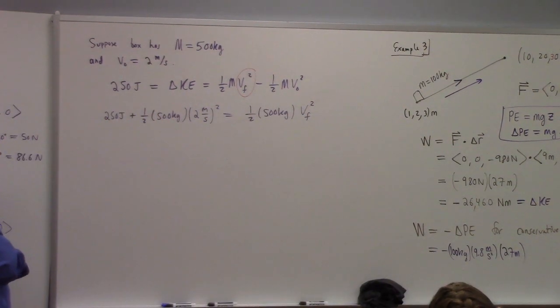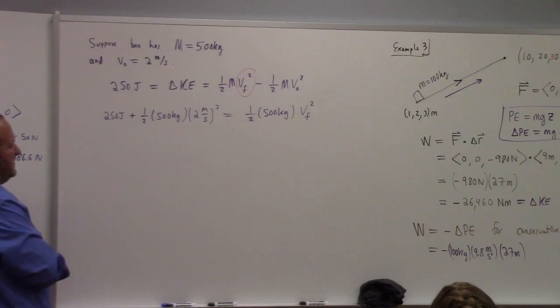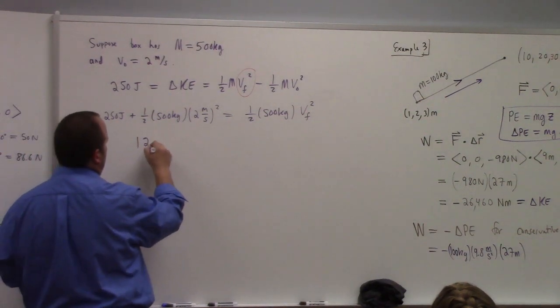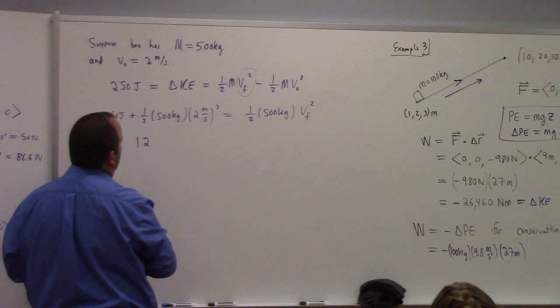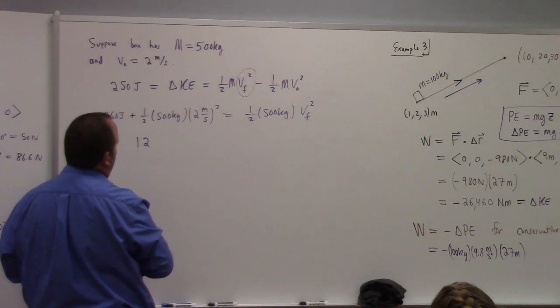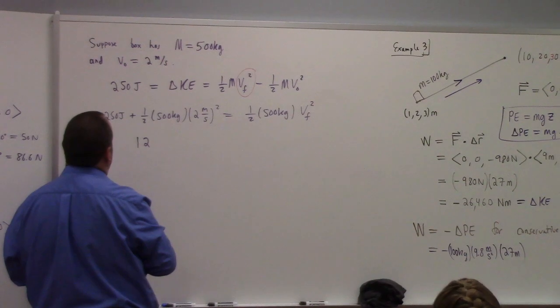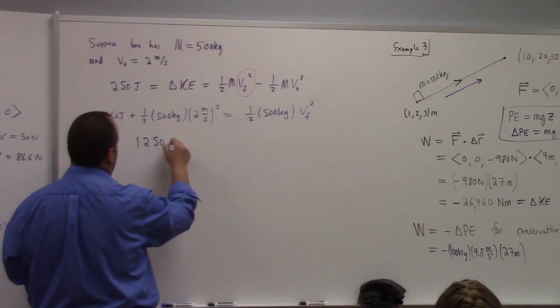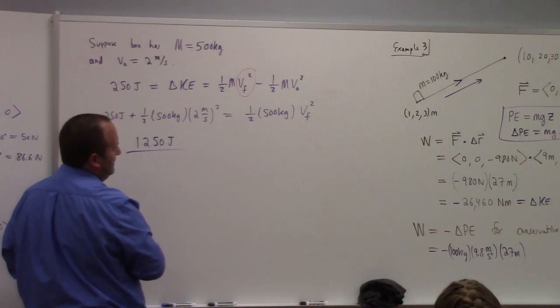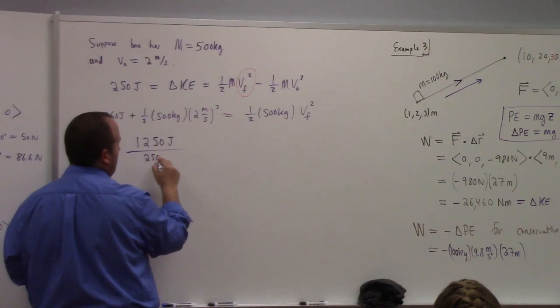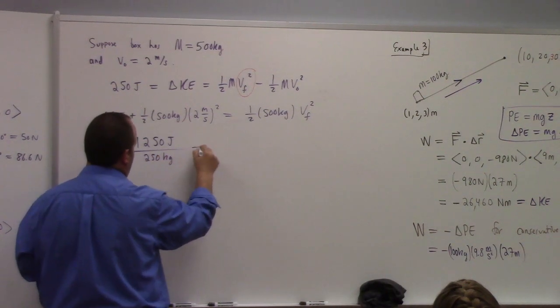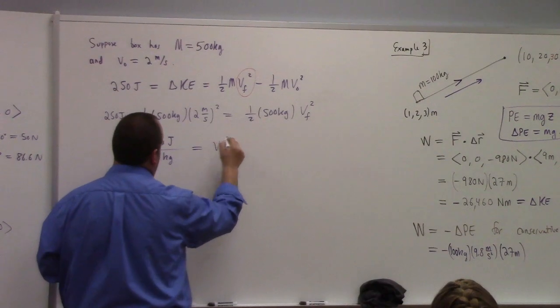So what's that work out to? 1250, I think. Oh, wait a minute, no. Yeah. 4 times 500 is 2,000. 2,000 divided by 2 is 1,000. So yeah, 1250 joules divided by 250 kilograms is equal to Vf squared.